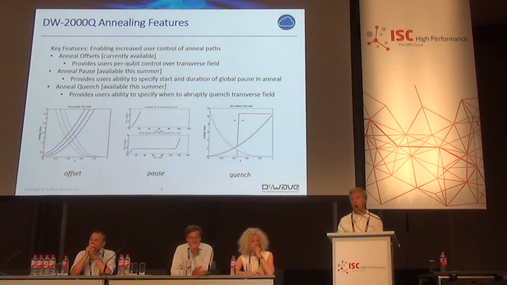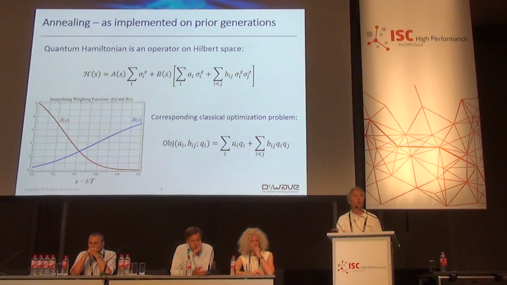Anneal offset means that rather than each qubit following this trajectory that you see here, we can individually and independently retard or advance individual qubits as they progress through this annealing cycle. And there actually are very good reasons for wanting to do that.